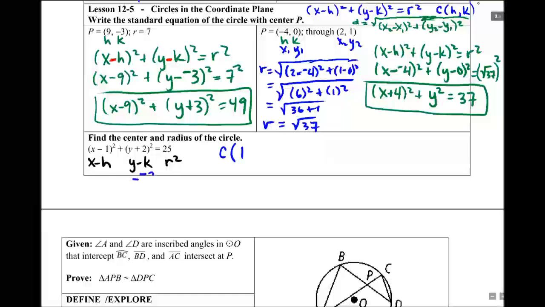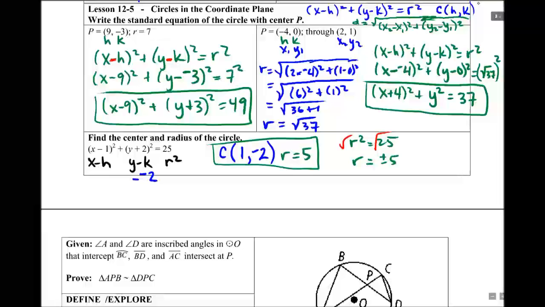It's minus a negative 2 would make a positive 2, so k is negative 2. And how do we get r? Well, r squared, we know, is 25. Square root both of those. r is simply plus or minus 5. We know negative is not going to work, so r equals the positive 5. There's our center and our radius.